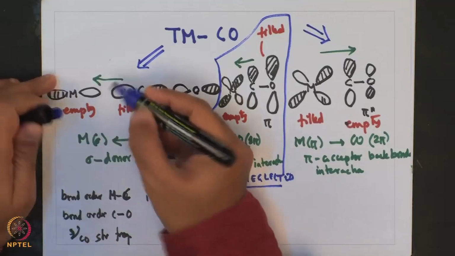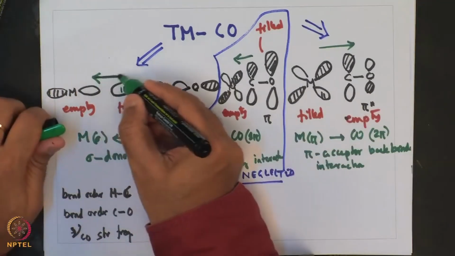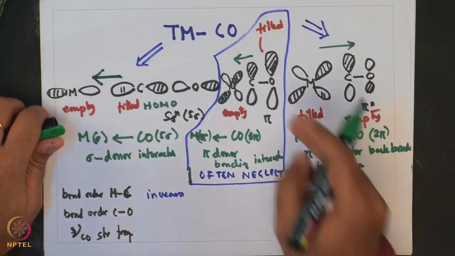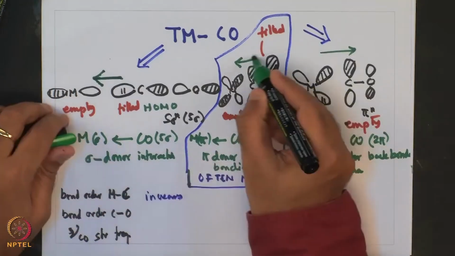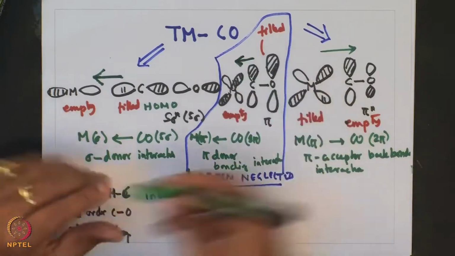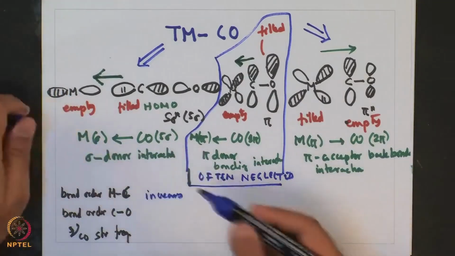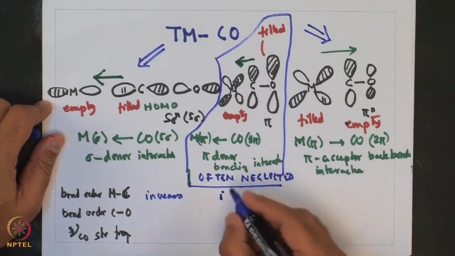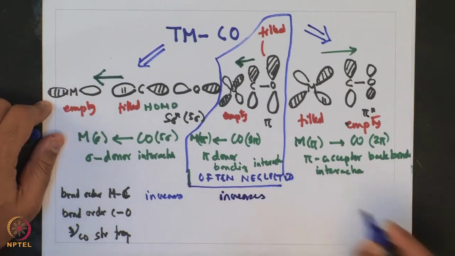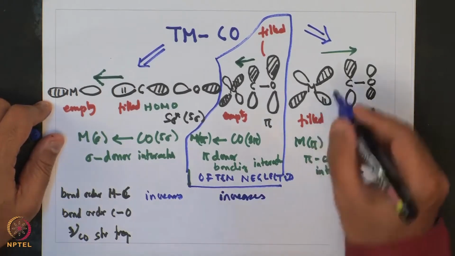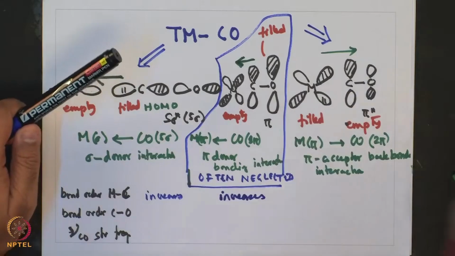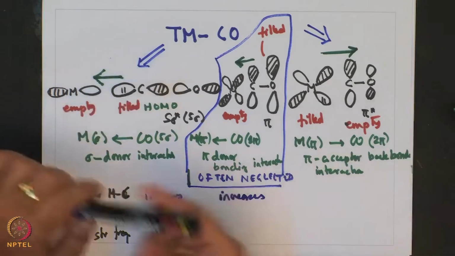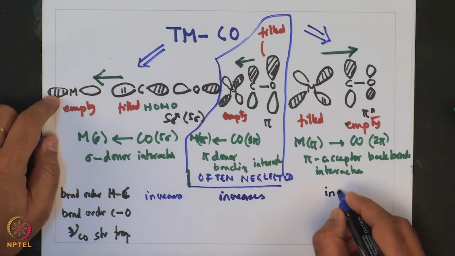sigma donation of the carbonyl, if this sigma donation increases, then the metal C bond order increases. Similarly, if this pi donation to the metal vacant orbital increases, then again the metal C bond order increases, because now a bond is being formed. And if the metal to pi back bonding interaction also increases, that also leads to an increase in metal C bond order.